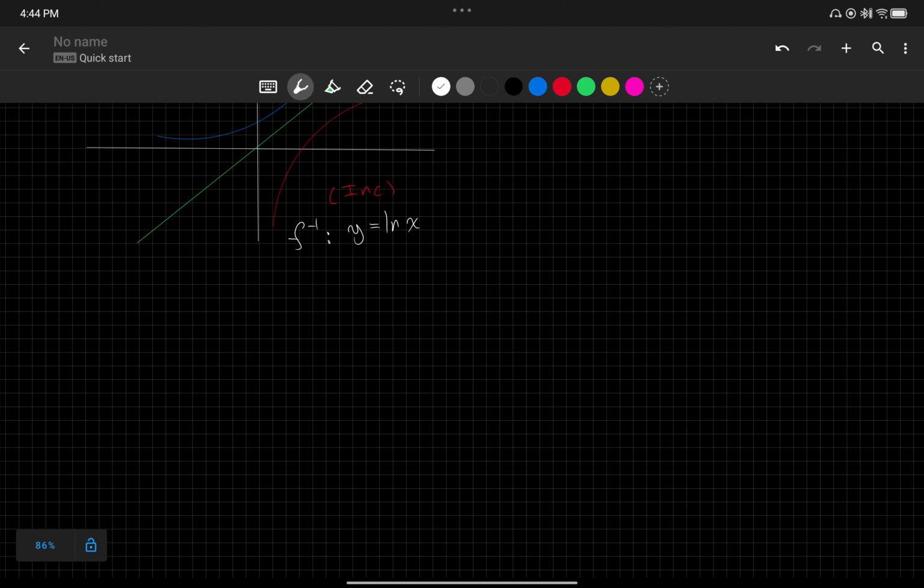So before we forget, fact: a function has an inverse, in other words, is invertible, whenever it is strictly monotone.